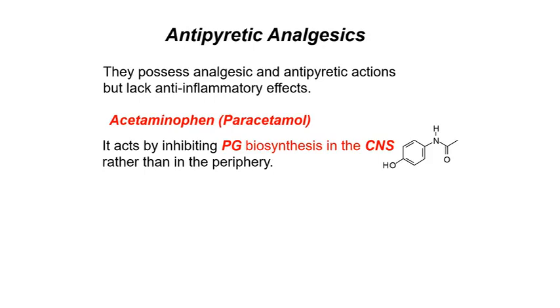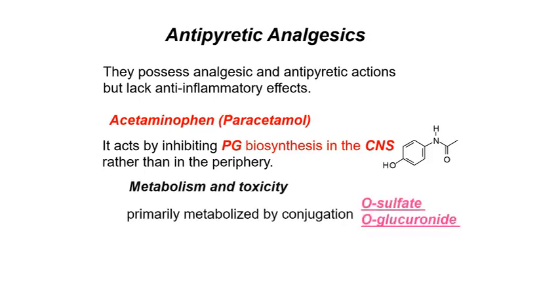This amino group is on a phenyl ring, and at the para position there is a hydroxy function. The mechanism of action of paracetamol is inhibition of prostaglandin biosynthesis in the CNS. That's why it has its antipyretic activity.